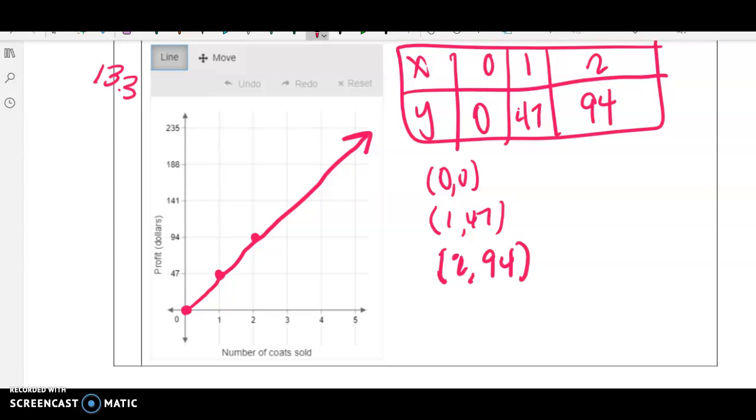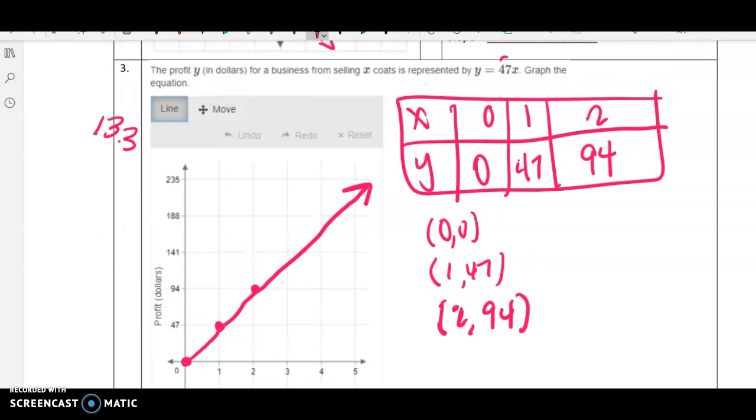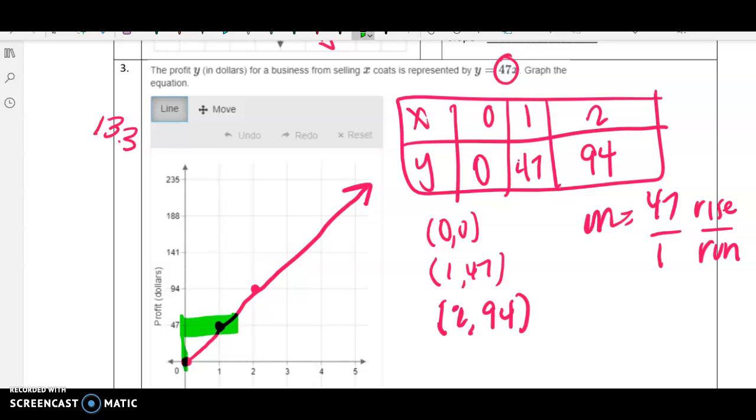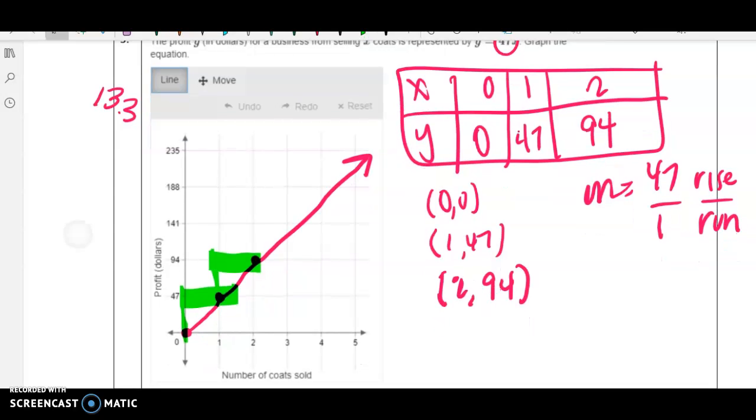And there's our graph. We also could have just noticed that our slope was 47 over 1. So we rise 47 and we run 1. So we would go up 47 over 1, up 47 over 1. And that would also work to show your graphing on your test.